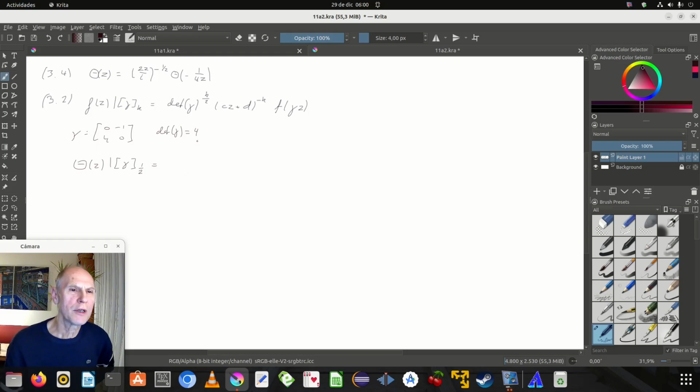So the determinant to 1/4, that's square root 2. 4z to minus 1, that's minus k minus 1/2, theta of minus 1 divided by 4z, to minus 1/2.